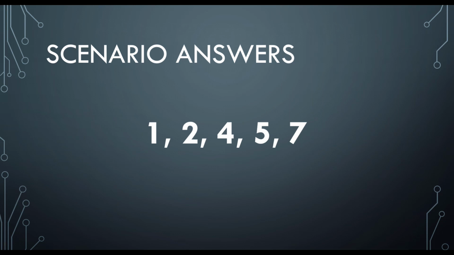Now, even if you got all of these correct, I still recommend that you look at scenario number 1 because there's a tip there that is quite useful. You should look at scenario number 4 because there actually is a problem with that scenario. And have a look at scenario number 7 because there's something interesting about that particular scenario.